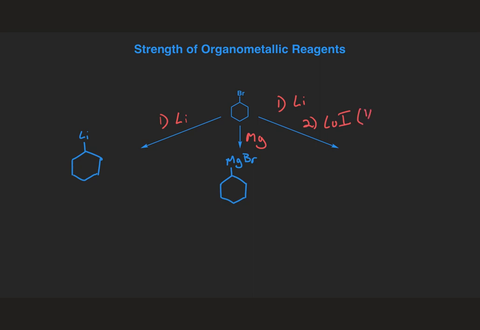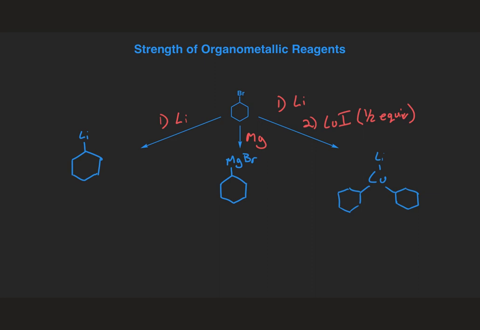And this is going to be a half equivalent compared to the organolithium, because alkyl cuprates attach two alkyl groups to copper. And you get a complex with lithium as well, like so.